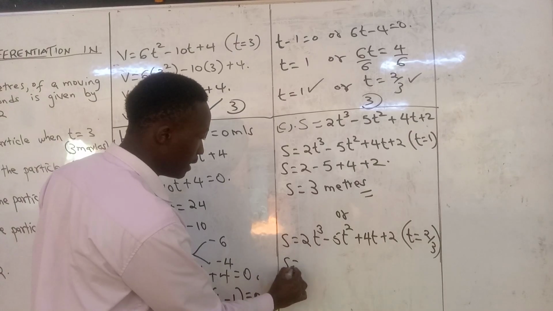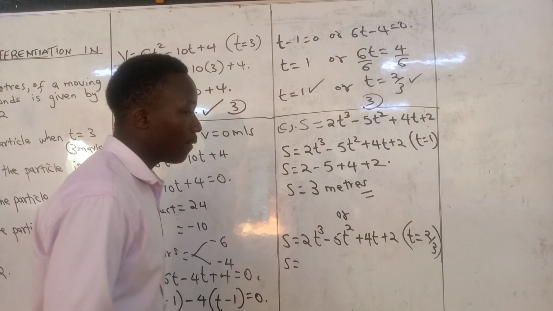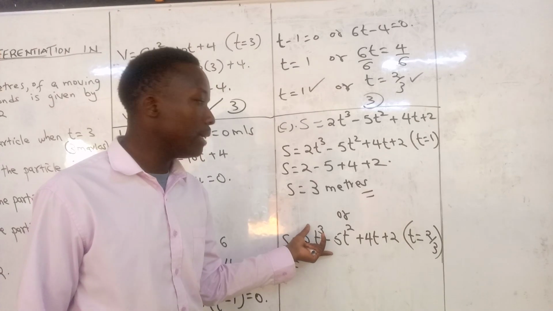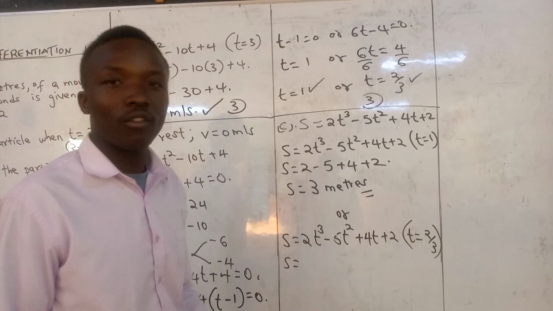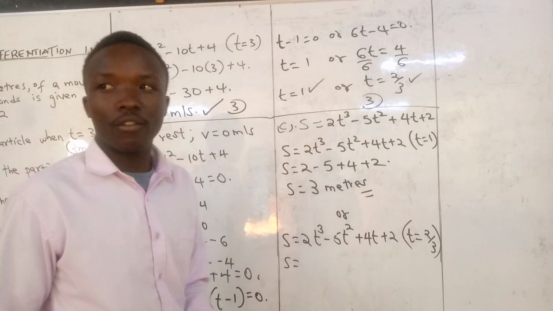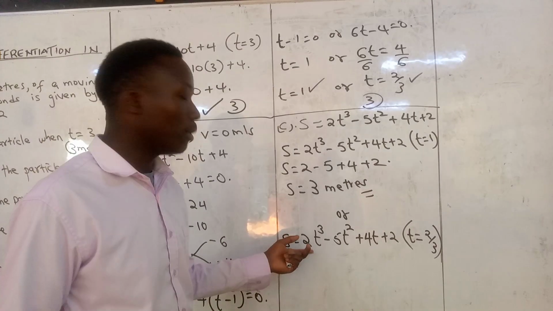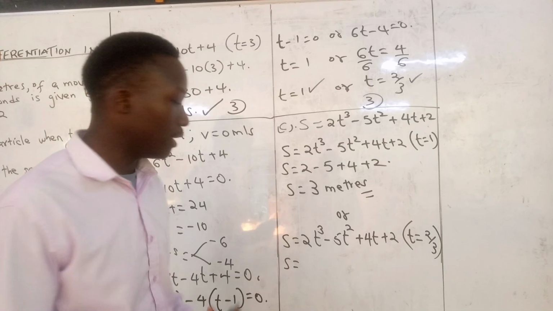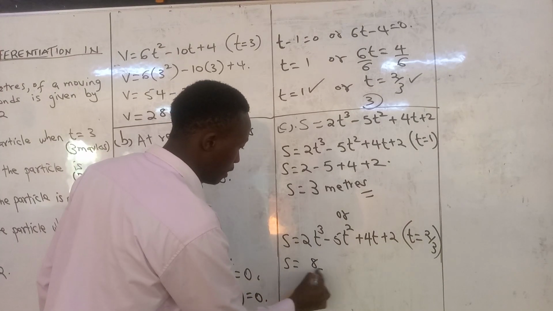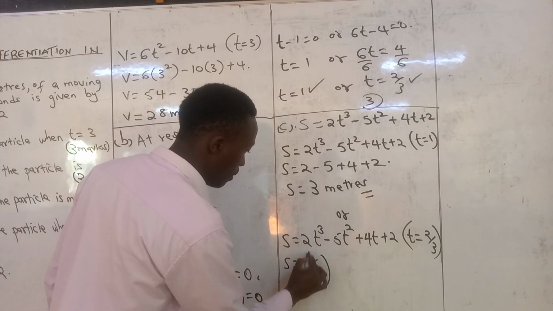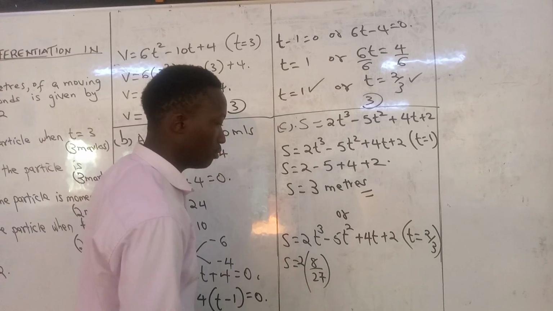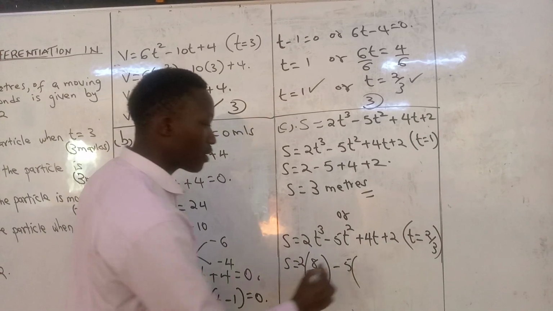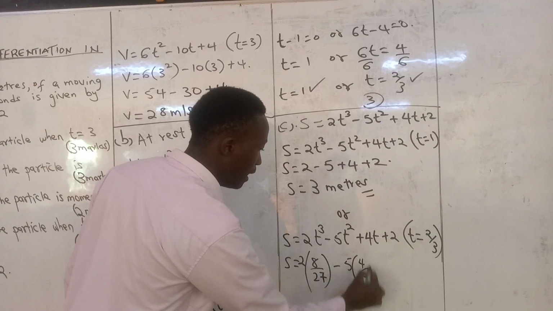So we say s is equal to, what is 2 over 3 cubic? 2 over 3 cubic will be equal to 8 over 27. We multiply it with 2, which gives 16 over 27. Then minus 5. 2 over 3 squared is equal to 4 over 9.